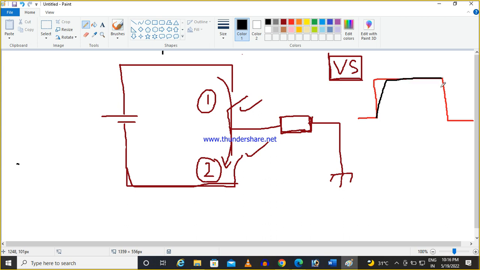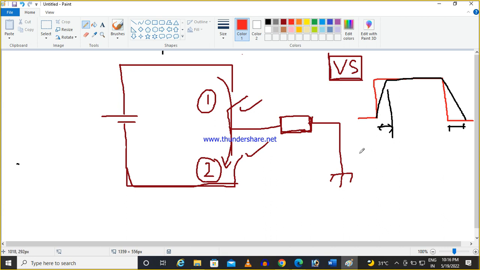And when you initiate the off command, rather than falling sharply, it will fall like this. So this period is called the on time, and this period is called the off time.